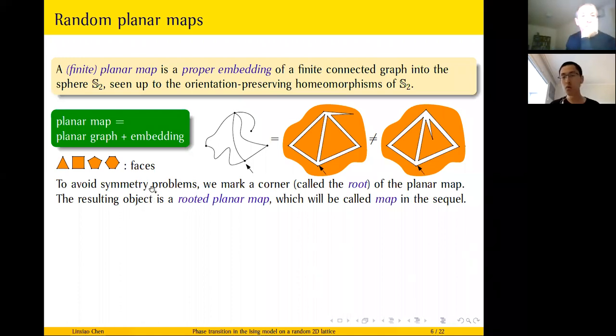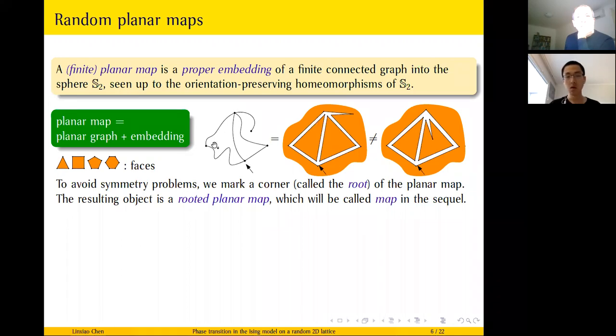And to avoid a symmetry problem, we will usually mark a corner of the embedded graph, which we call the root. But for today's purpose, you can more or less think of it as a marked vertex.